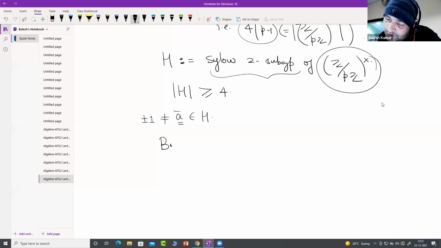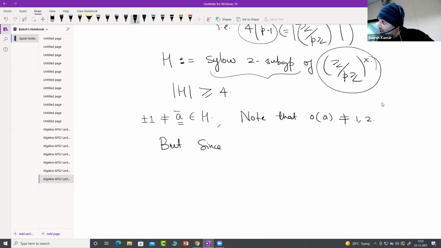So here let me write down the note that the order of A bar cannot be equal to 1 or 2. But since H is a Sylow 2 subgroup, H is a 2-group, so the order of A bar will be a power of 2.